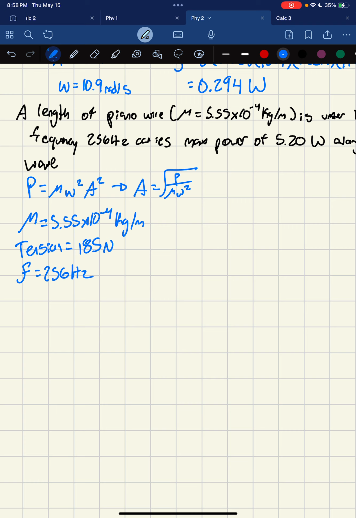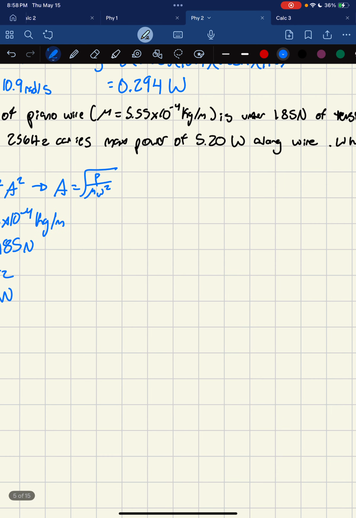Then power I'm given is 5.20 watts. So I have everything necessary. Well, I need the angular frequency first. And the angular frequency can be used as 2 pi times the frequency.